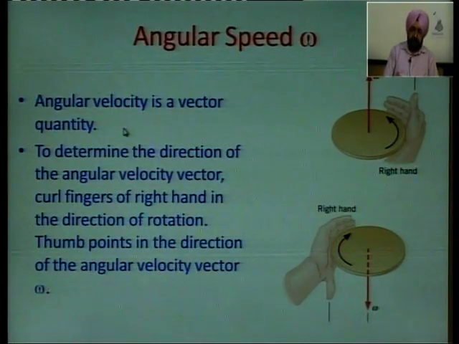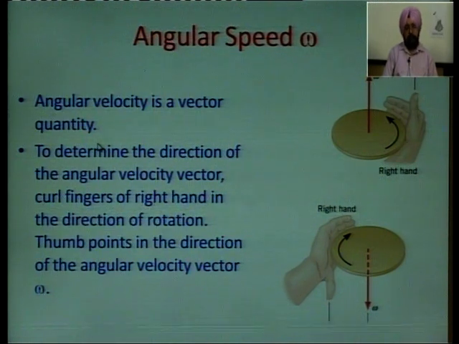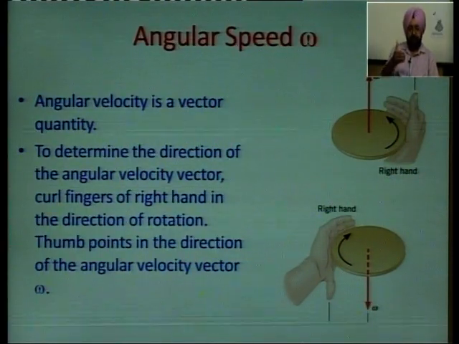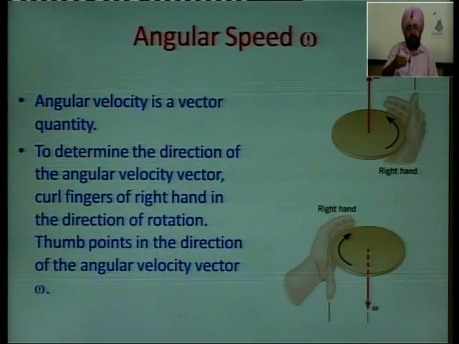Angular velocity is a vector quantity. If you want to know the direction of the angular velocity vector, you curl the fingers of right hand in the direction of rotation. Then the thumb points in the direction of the angular velocity vector.